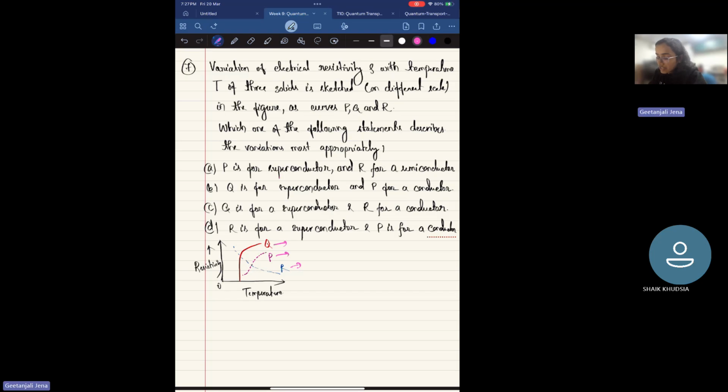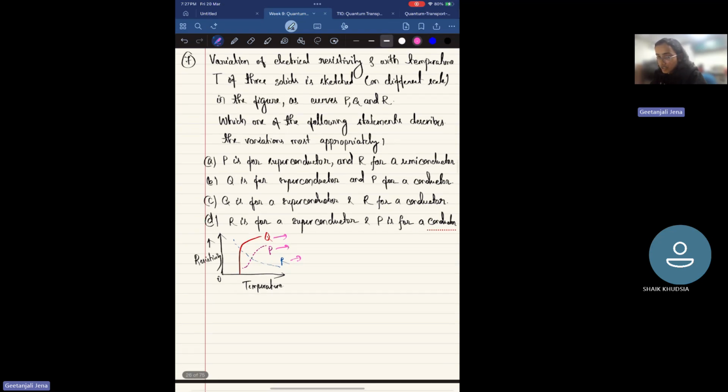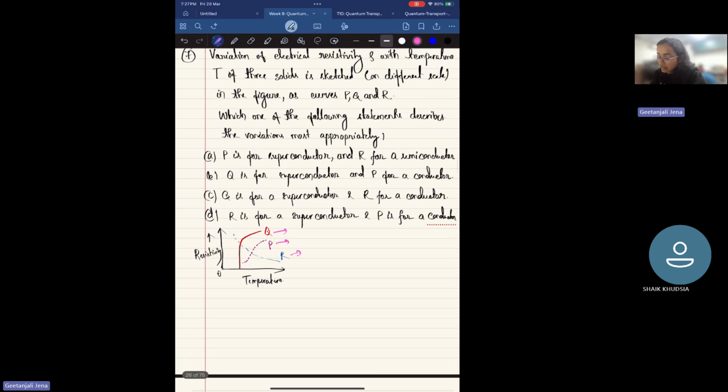Option A says P is a superconductor, R is a semiconductor. Option B says Q is a superconductor, P is a conductor. Option C says Q is a superconductor, R is a conductor. Or D, R is a superconductor, but P is a conductor. So option A is P is a superconductor, but R is a semiconductor.